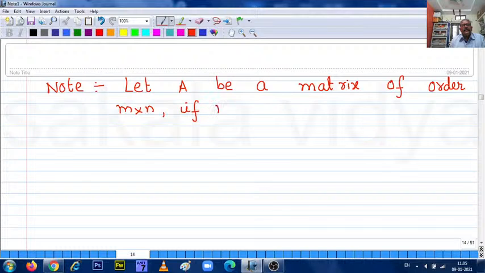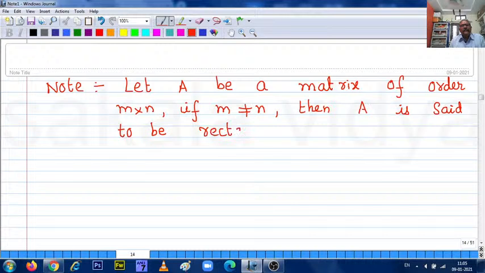If m is not equal to n, then A is said to be a rectangular matrix. So like this also we can say, if A is an m by n matrix, and m does not equal n, then A is said to be a rectangular matrix. So next let us move to the second one.